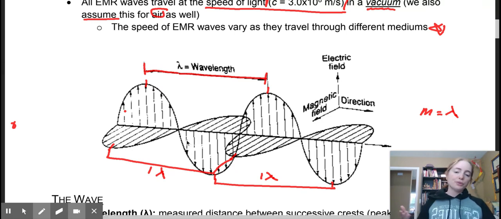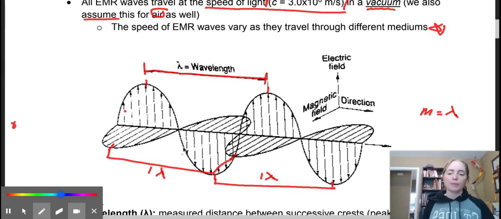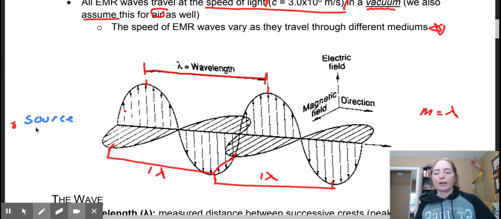Okay. So what I'm going to do now, just for ease of viewing, is erase all of these red lines. And then when we start talking about the source, I'll label that. Well, no, source is easy. I'll just label that in a different color. Okay, so the next piece in your notes is the source. So we can say if your wave is going this way, the source could be here.